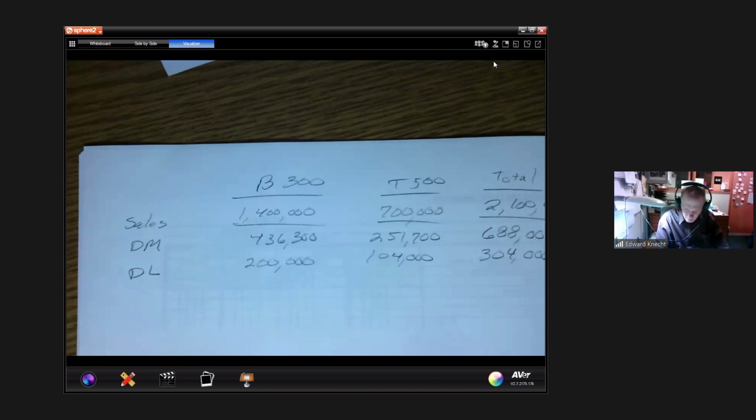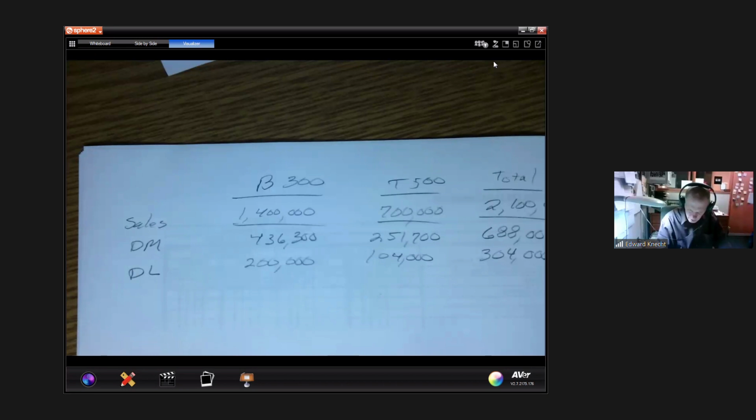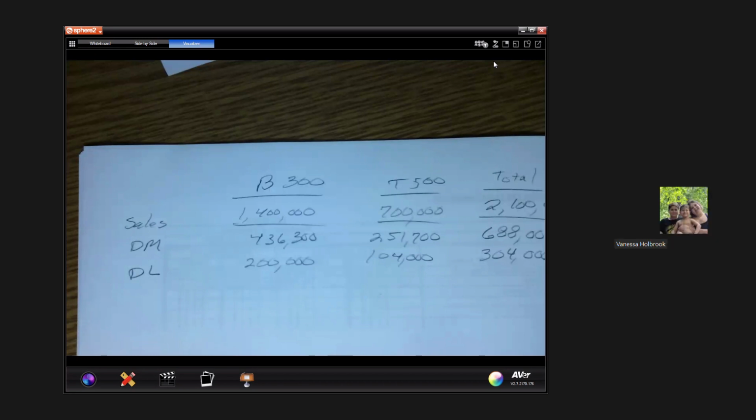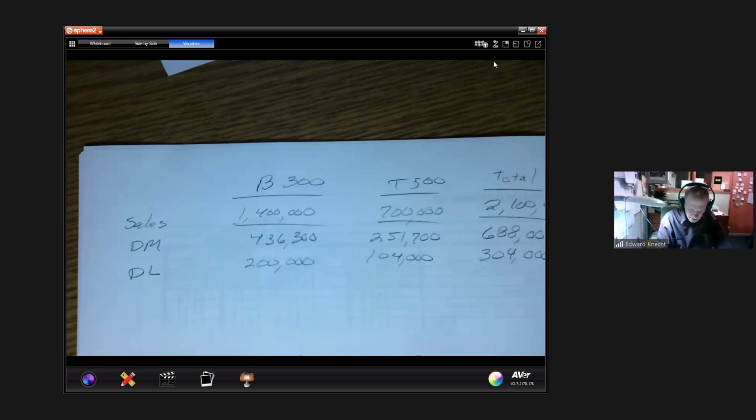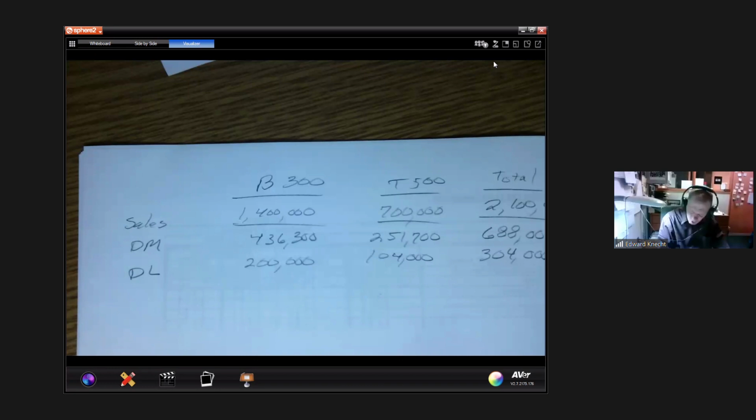Where is it? At the bottom of page 349, right above that last chart. So 50,000 for the B300. I got it highlighted now. High-Tech's ABC implementation team concluded that 50,000 and 100,000 of the company's advertising expense could be directly traced.